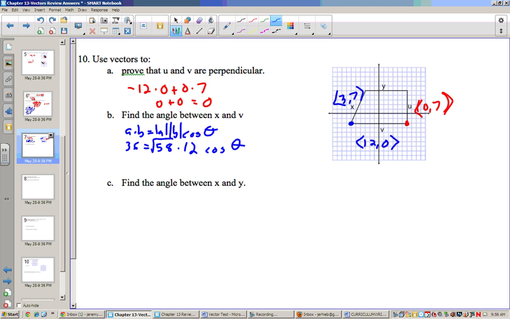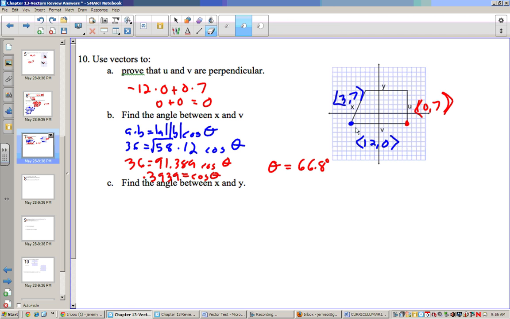So 12 times the square root of 58 is 91.389 times the cosine of theta. That equals 36. So 36 divided by that answer is a decimal, 0.3939. So if I take the inverse cosine of that, theta will be 66.8 degrees.